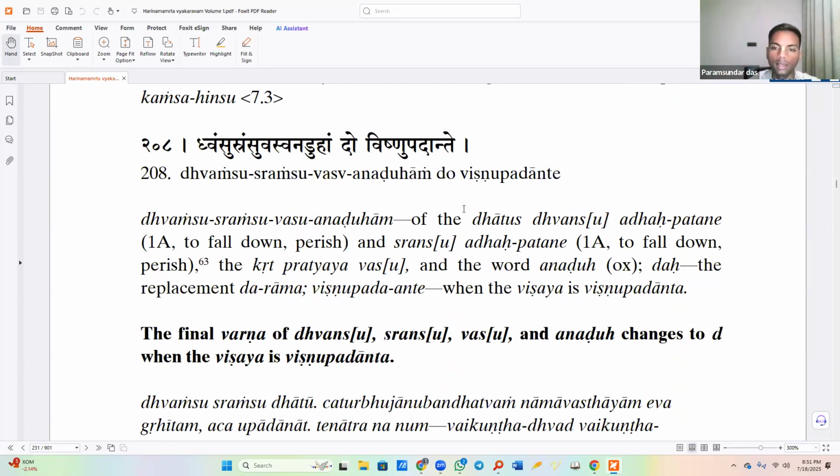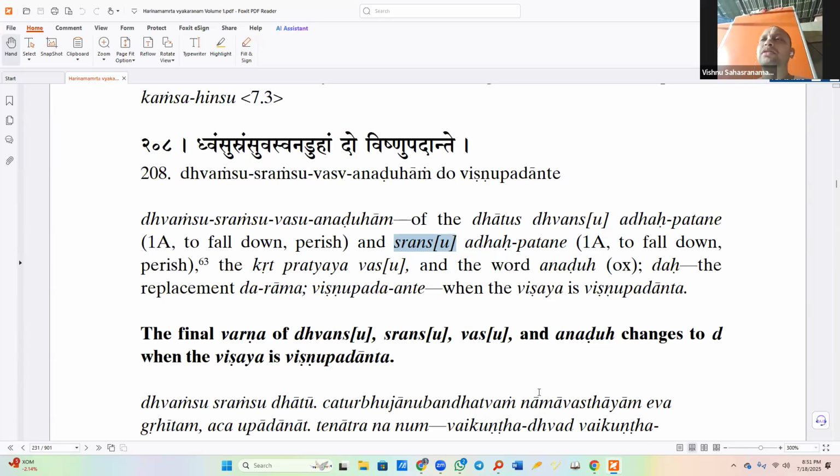So see, Dhvangsu Adhapatane, this is a verbal root. Srangsu Adhapatane. In Bhagavad Gita, chapter 1, Arjuna uses this word. Can you say that? Okay, I'll tell the English, you can quote the Sanskrit. The Gandiva was slipping from my hand. So what is the Sanskrit for that?